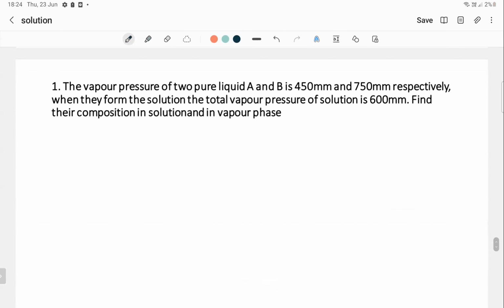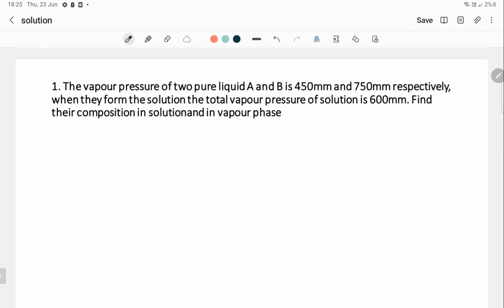Try this problem. So here, initially they have given the vapor pressures of the two pure liquids, PA0 and PB0.